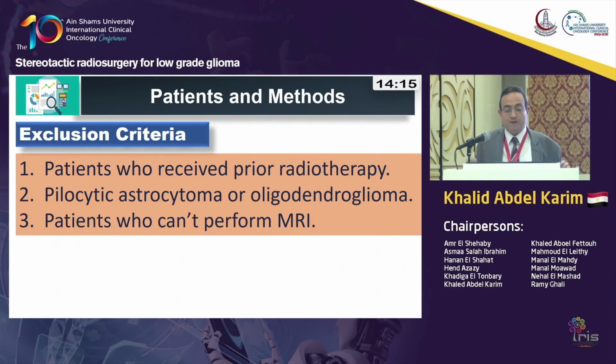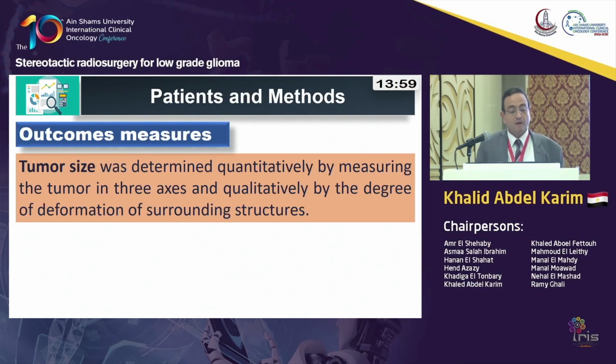We excluded patients who received prior radiotherapy, and as I told you earlier, pilocytic astrocytoma or oligodendroglioma, because different treatment should be implemented. Patients who can't perform MRI for many reasons, like having a pacemaker or so.